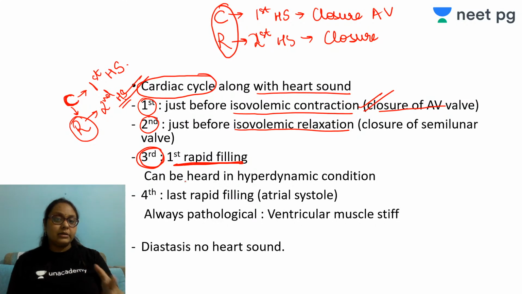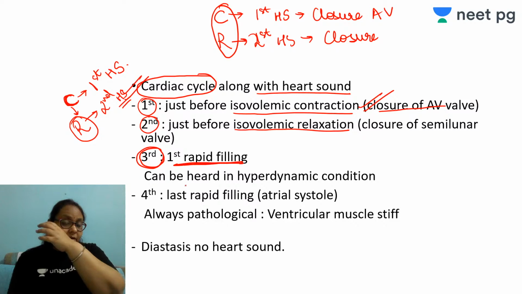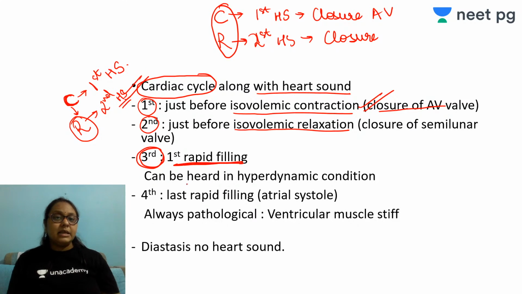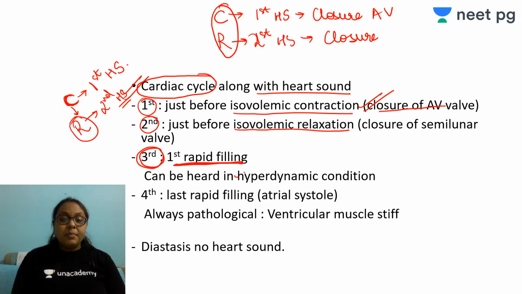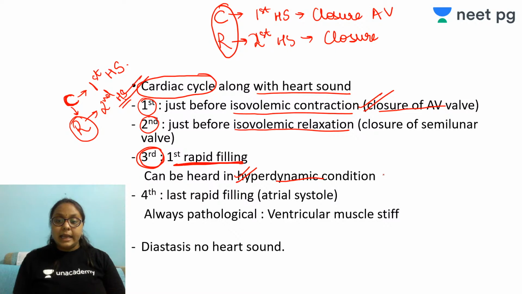But the third heart sound is because of the rapid filling of the ventricle, suddenly there is rapid filling in the ventricle, and because of that there is the third heart sound. It is seen in hyperdynamic conditions like pregnancy or anemia, so it can be seen in physiological conditions also.